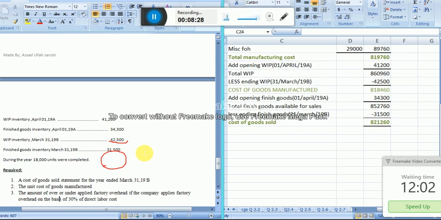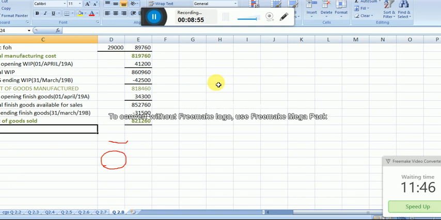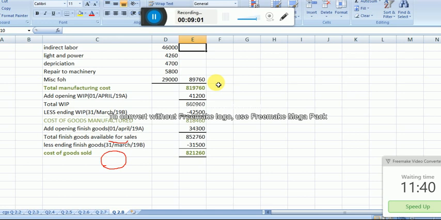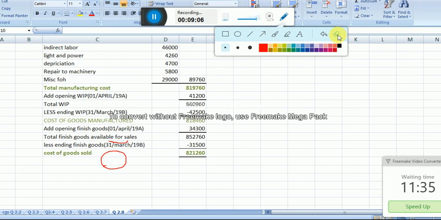Our second requirement is the unit cost of goods manufactured. Unit cost of goods manufactured refers to the goods which we produced during the year 19B. So how much per unit cost took place? For this we have a simple formula. What is the formula to find the unit cost?